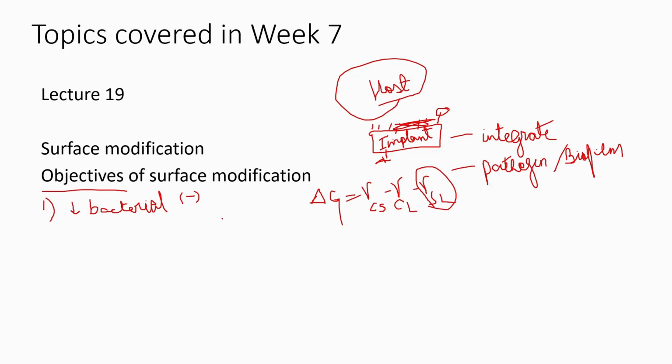There is one more technique called brush coating. The implant can be coated with either a mushroom coating or a brush coating. With the mushroom coating, even though it covers some surface area, there is still a chance that bacteria can come in contact with the bare surface, and then they will attach and proliferate.